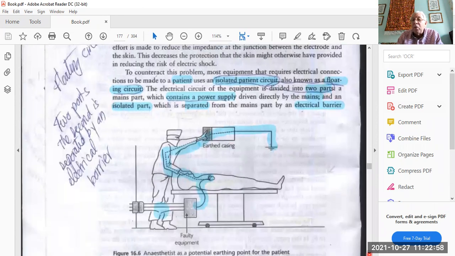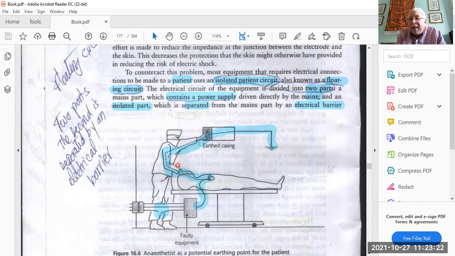This is another source, where the anesthetist is a source of earthing. As you can see, also there is a fault. The electricity is going through a capacitor to the heart, but instead of the patient touching the lamp, he is touching the anesthetist. The anesthetist is touching a monitor, and this monitor is earthed. So the circuit is completed through the anesthetist.